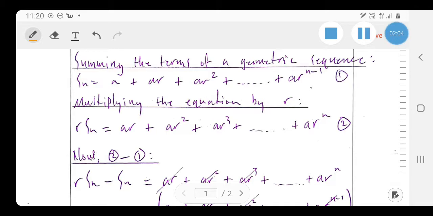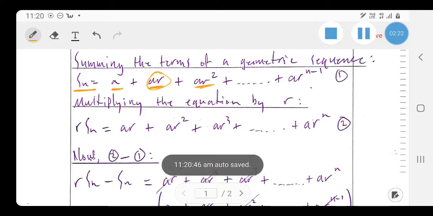So the sum of the first n terms of a geometric sequence is, well, the first term is A. The second term is A times R. The third term is the previous term, AR, times another R, so we get AR squared. And it goes on in this fashion.